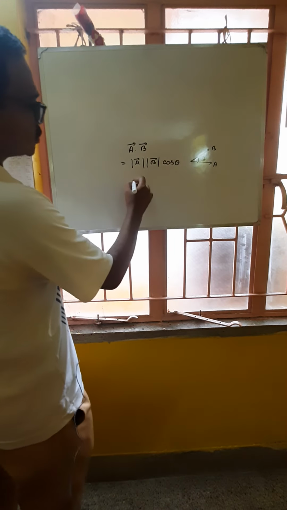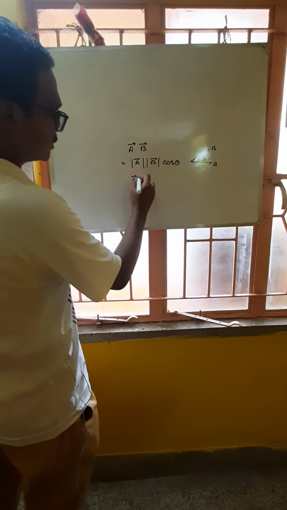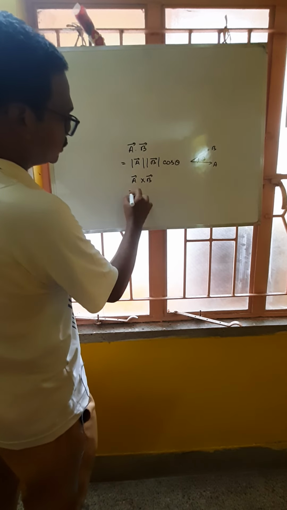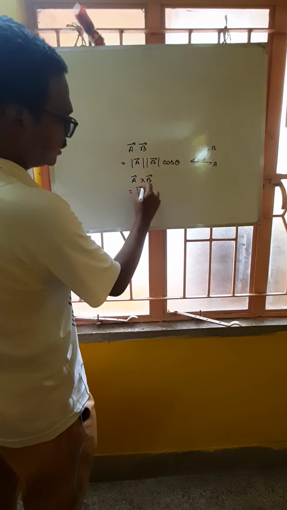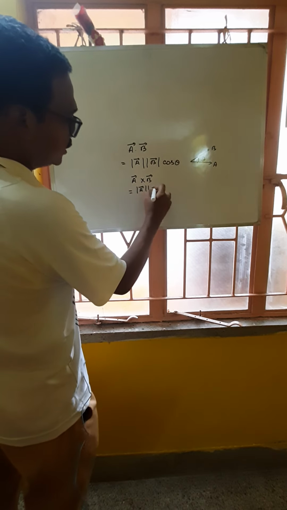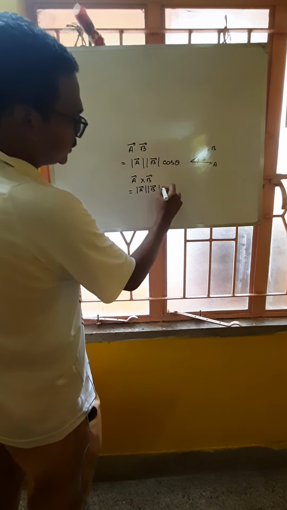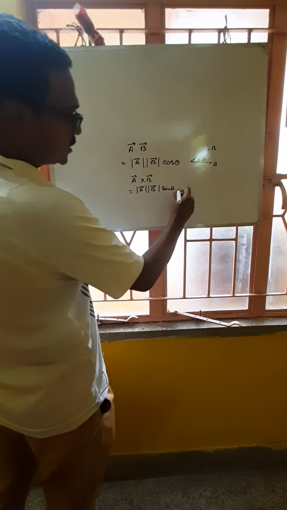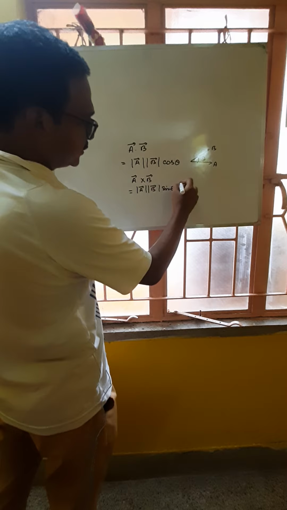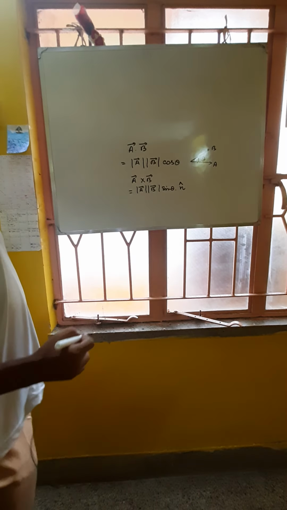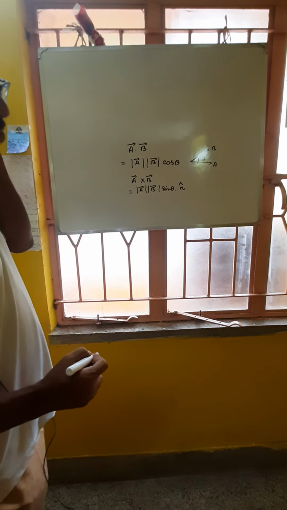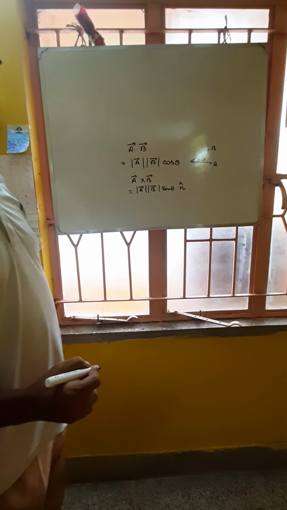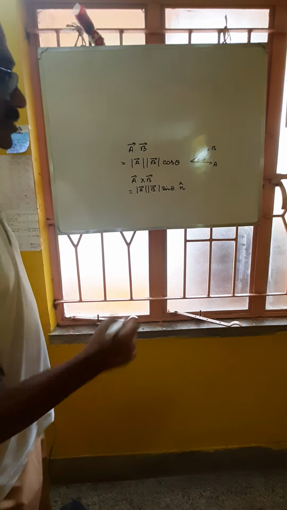In case of cross product, the symbols are different here. In case of vectors, a cross b equals magnitude of vector a, magnitude of vector b, sine of the angle between them, and obviously there comes a unit vector. That unit vector is perpendicular to the plane where a and b exist.